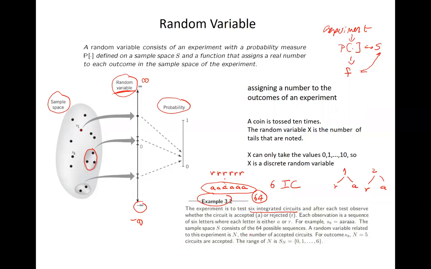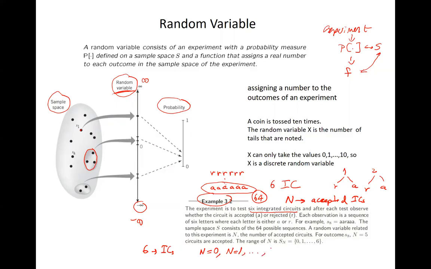Let's say n is a random variable, which is the number of accepted ICs. Okay, so since we got 6 ICs, there may be no accepted IC, then n is going to be 0. When there is one accepted IC, then n is going to be 1.